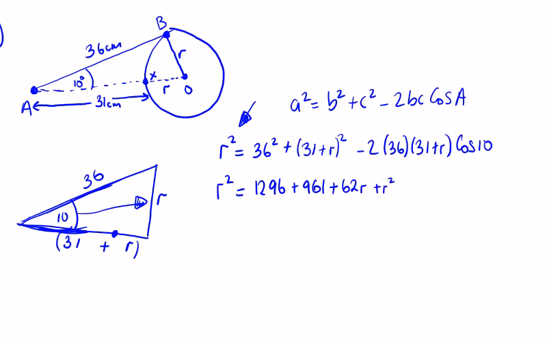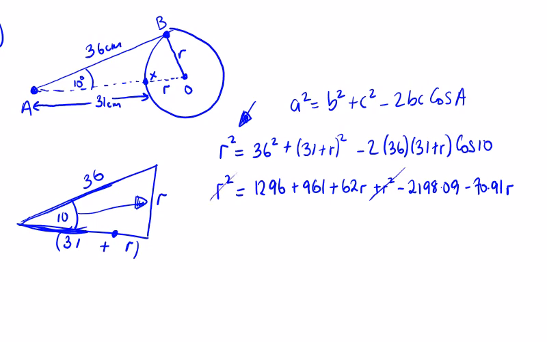And then we have minus 2 by 36, so minus 72 by 31 by the cos of 10, which is going to give minus 2198.09. And then we have minus 2 by 36 by OR by the cos of 10, so that's minus 72 cos 10 by OR, which is going to give minus 70.91 OR. So you can see my OR squareds cancel.